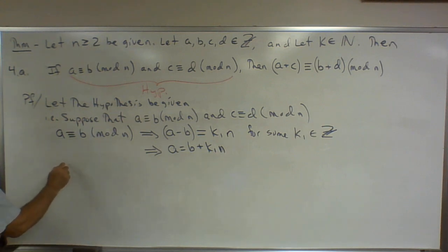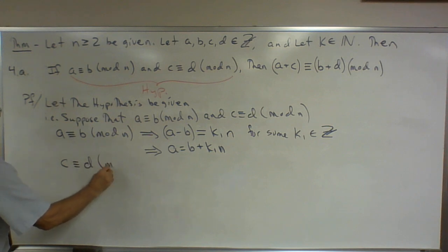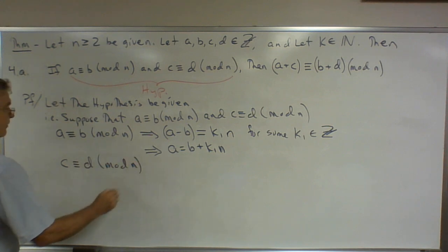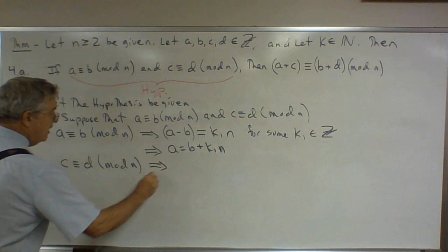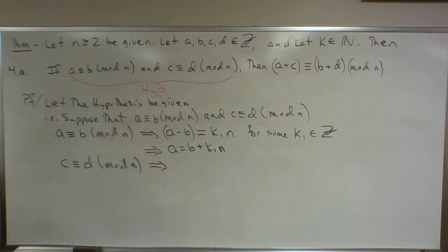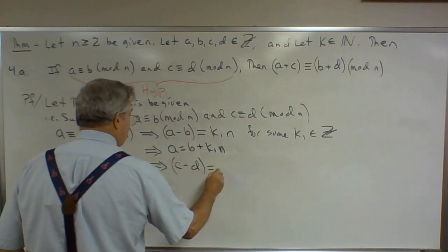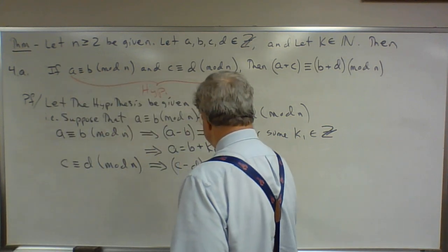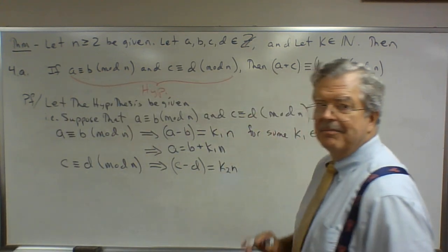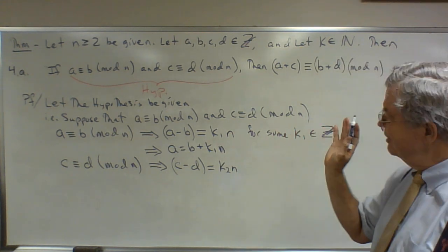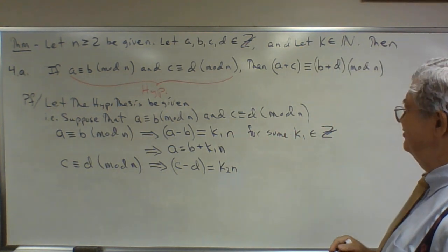And what I just erased, I can now rewrite. C congruent to D mod n means that their difference, C minus D, is equal to some integer k2. Yeah, my imagination hasn't improved since I wrote this the last time.